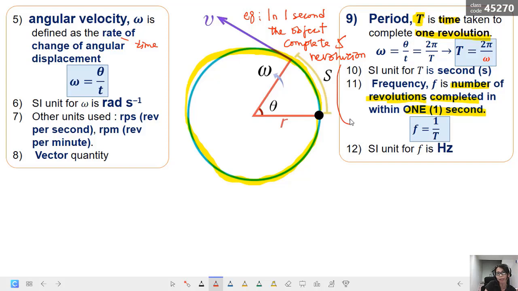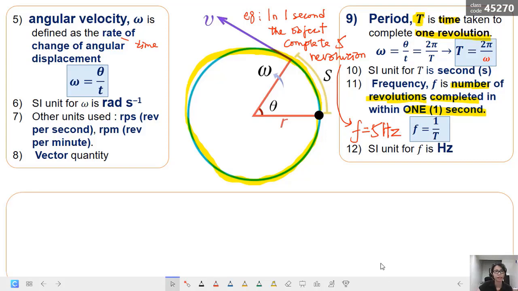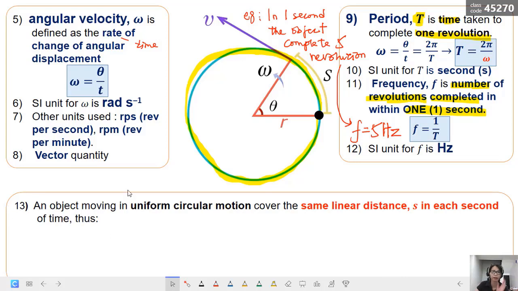So, I will understand that the frequency will be 5 hertz. Itu maksudnya frequency. Berapa pusingan yang lengkap dalam tempoh masa 1 saat.